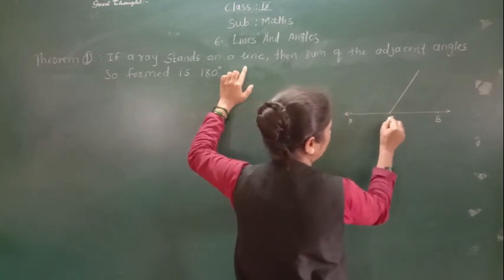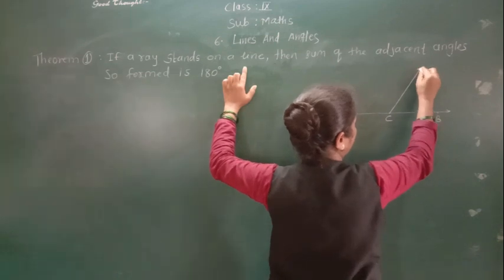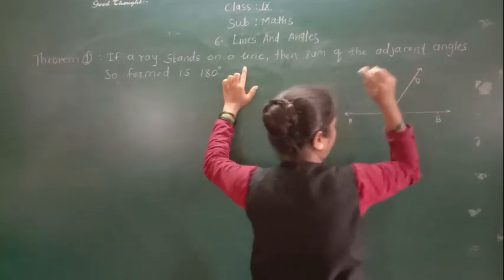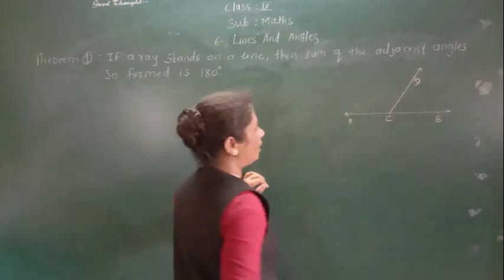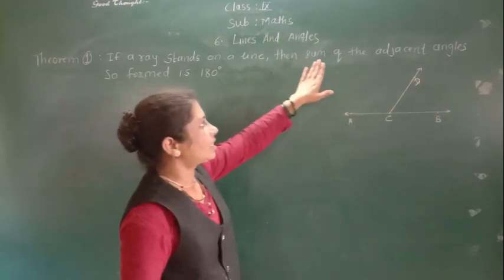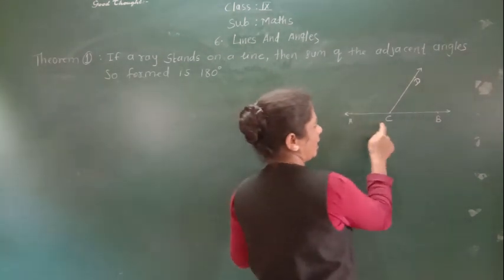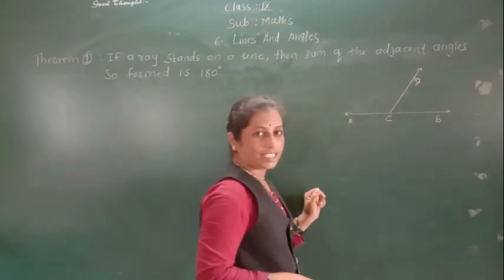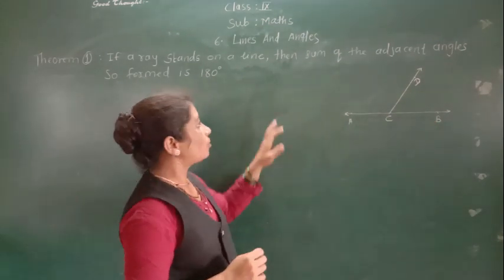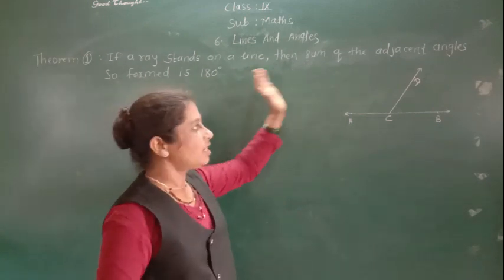So here C and this D. I will take this CD as the ray which stands on line AB. Then the sum of the adjacent angles: these two angles are formed, angle ACD and angle BCD. These two are the adjacent angles. Then the sum of the two adjacent angles so formed is 180 degrees.